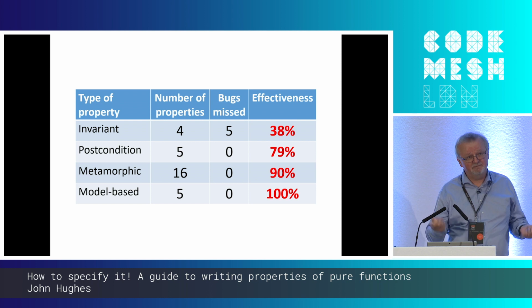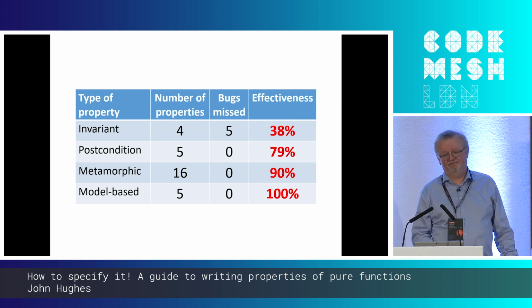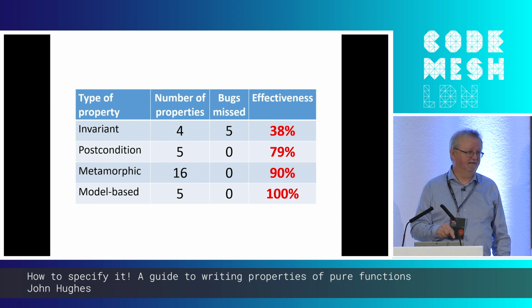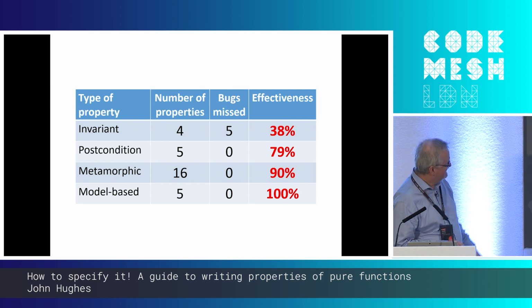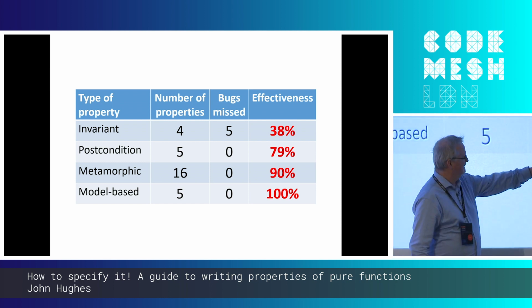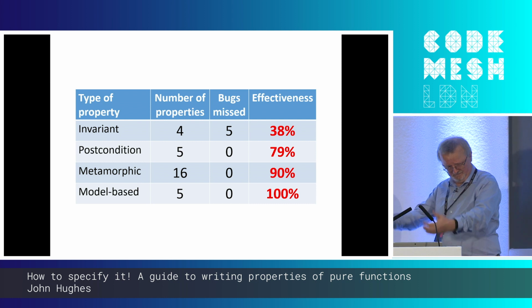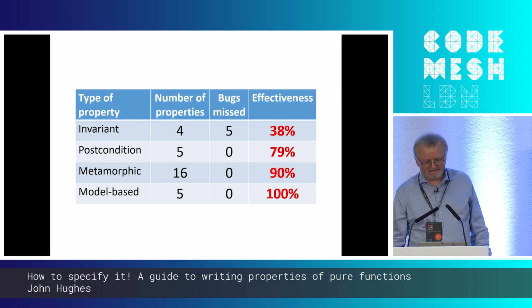Each property found 90%. And the model-based properties were the best. They found 100% of the bugs that they could potentially find. So the model-based properties are complete tests. So this gives us a pretty good idea that model-based properties are the best, metamorphic ones next best, and then postconditions not quite as good as that.